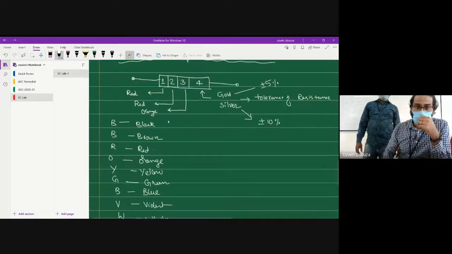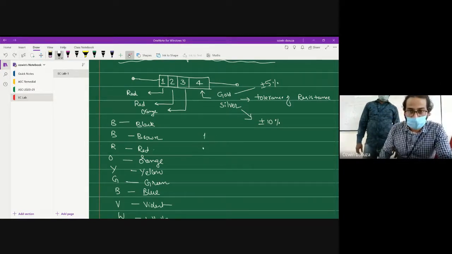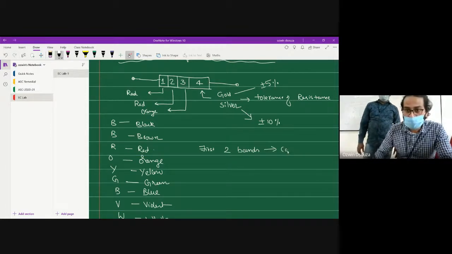Okay. So the first two bands, how would I write? Right this way. The first two bands basically constitute a number.